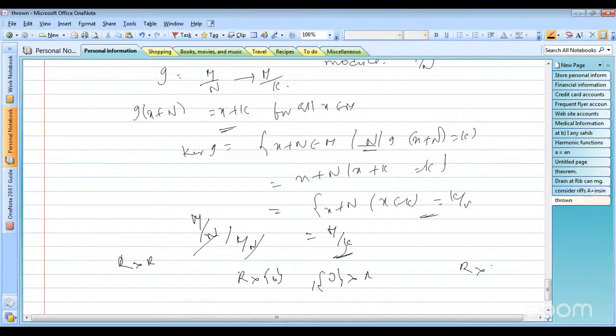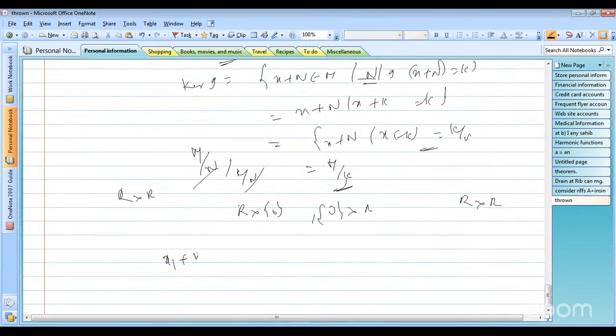Every element of R into R can be uniquely written as x1 plus x2, where x1 belongs to R into 0 and x2 belongs to 0 into R, then R into R is A0 plus 0B. We are taking the characterizing submodule of the module. So in general we have taken the above property, and the condition is satisfied here.